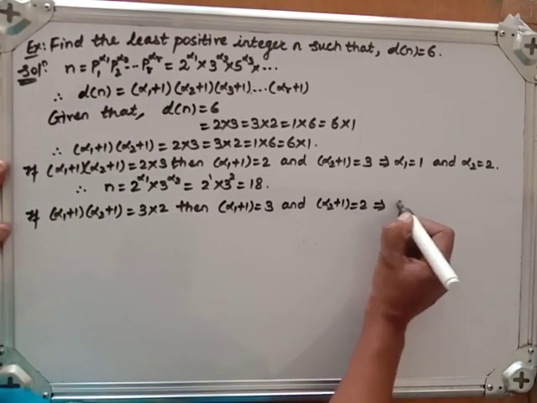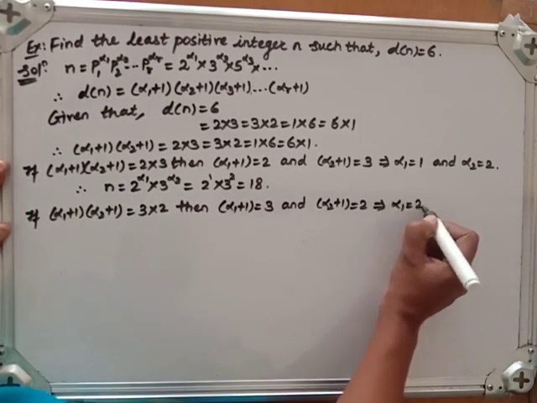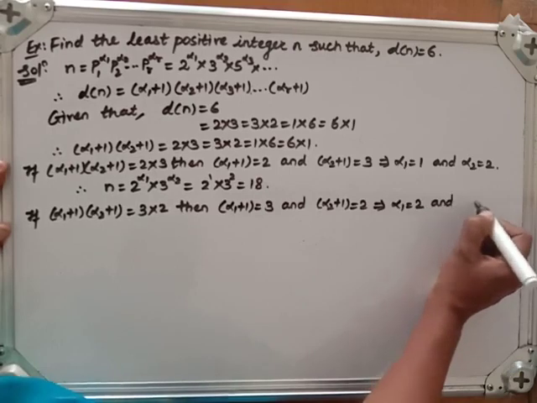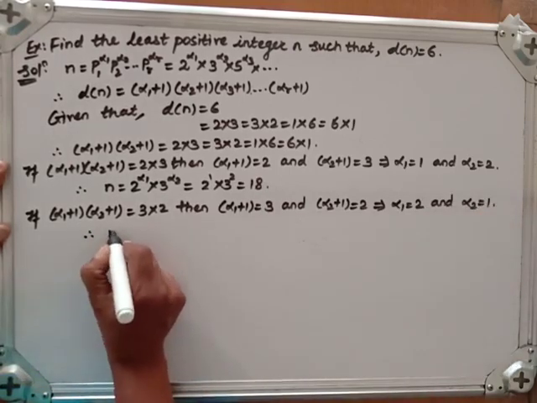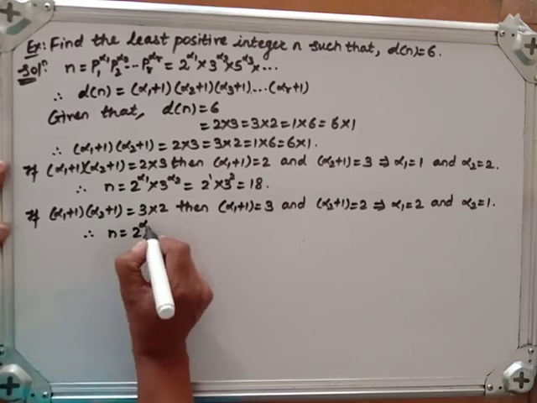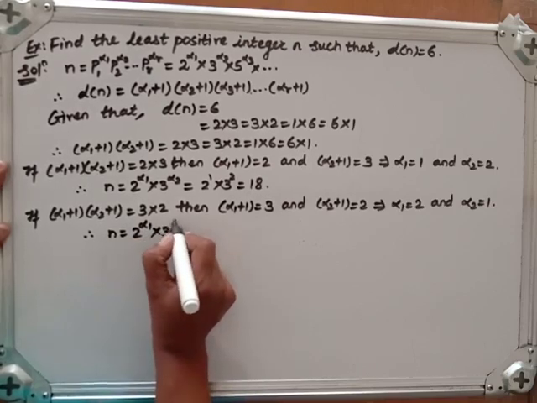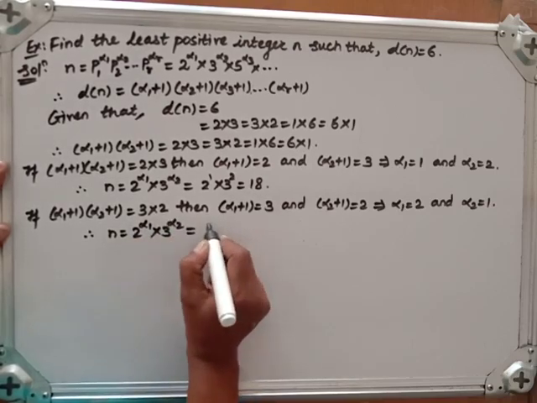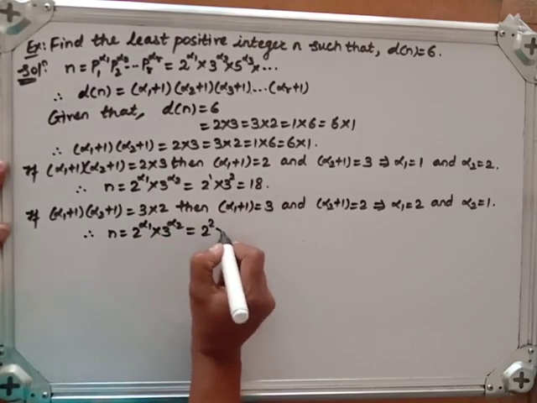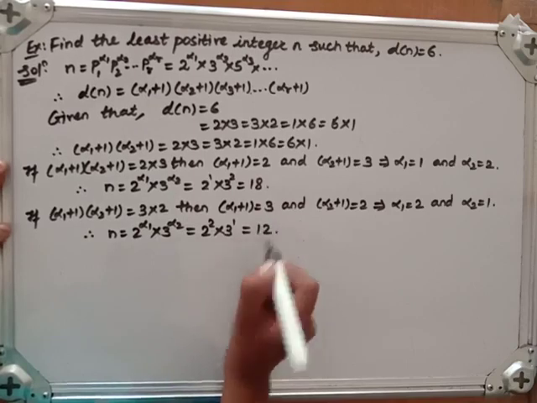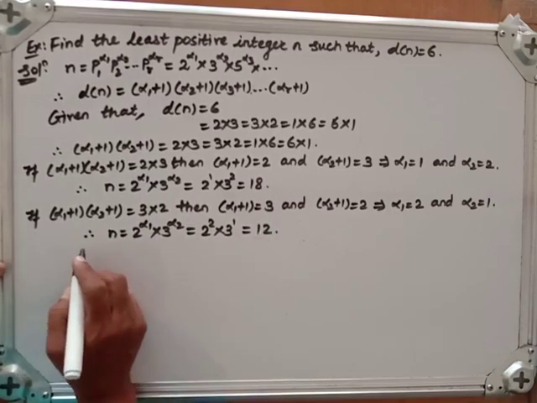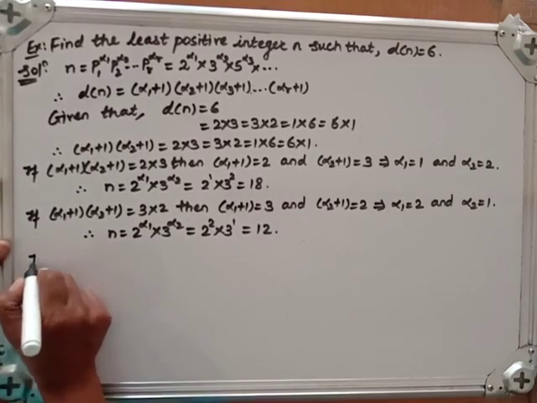So this gives us alpha 1 is equal to 2 and alpha 2 is equal to 1. Therefore n is equal to 2 raised to alpha 1 into 3 raised to alpha 2. So this is the same as 2 square into 3 raised to 1. So it will be 12.